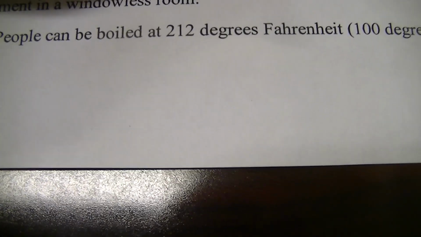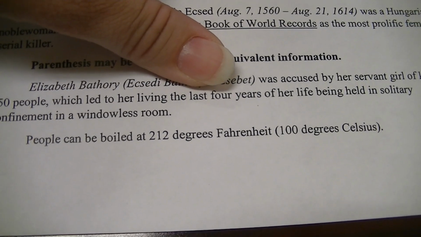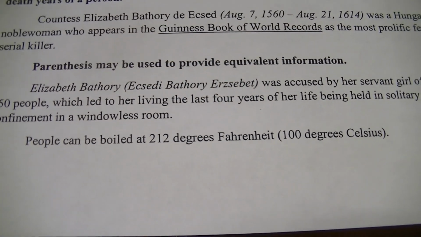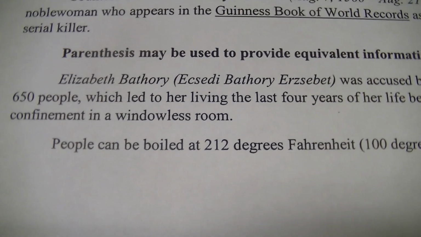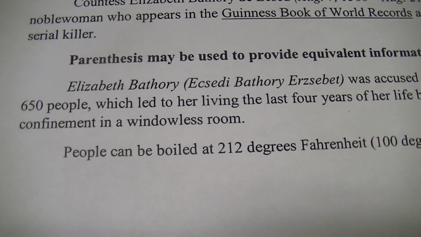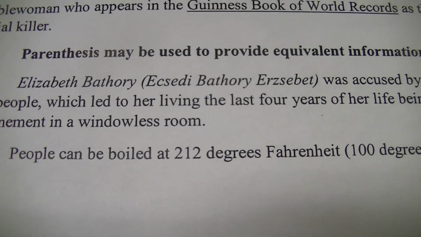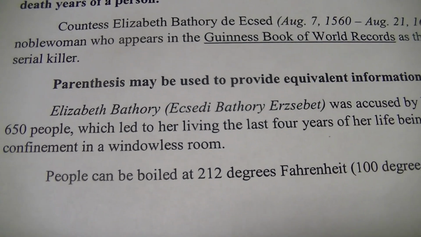Again, I can cover that up and the rest of the sentence still makes sense because we don't need to know the Hungarian equivalent, but it's sometimes nice to know, hey, it's spelled differently than what we would spell it, right? Anyways, she was accused by her servant girl of killing 650 people, which led to her living the last 4 years of her life being held in solitary confinement in a windowless room.